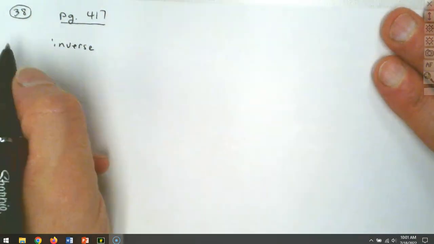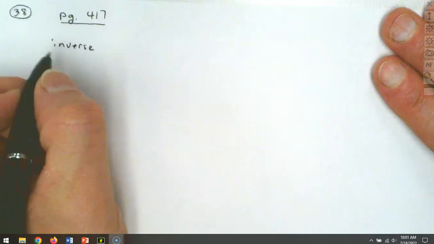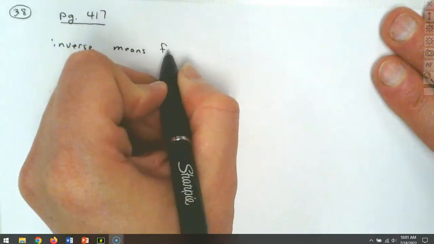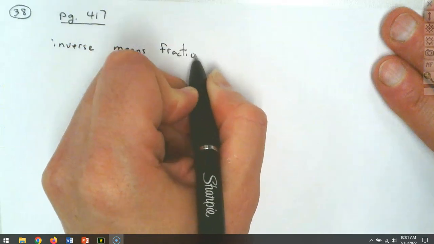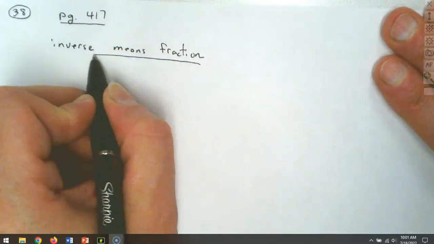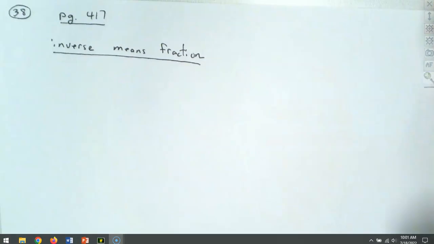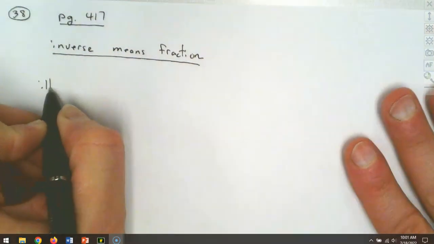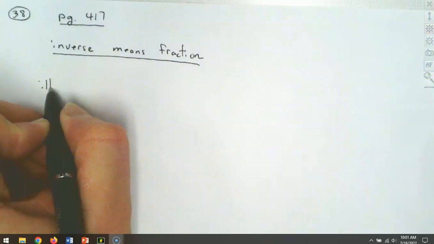And it's squared, so inversely squared. So inverse means a fraction. And this is going to be inversely to the square. So however you want to label them, let's call it illumination, because that's our first thing. However you want to do it, you could say light, whatever you want.